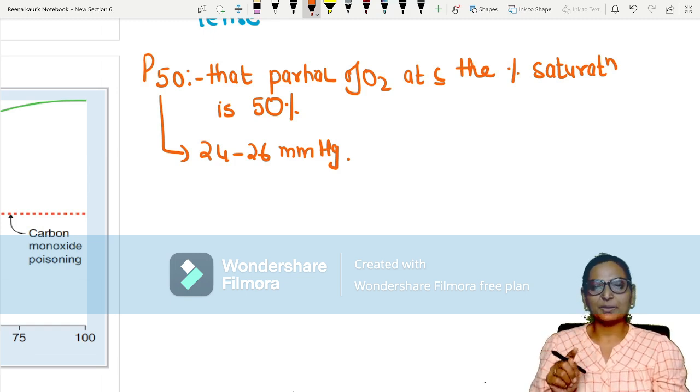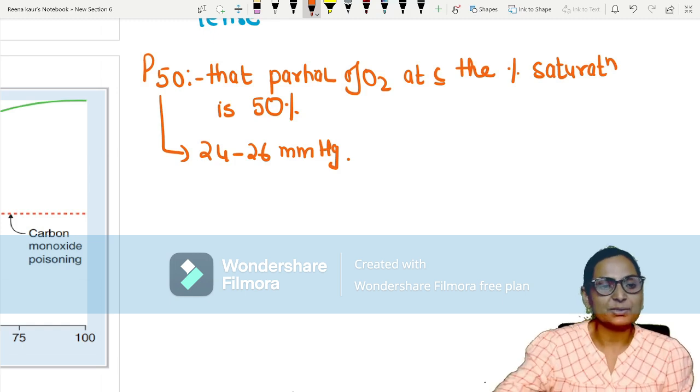It is that partial pressure of oxygen at which the person's saturation is 50%. That is 24 to 26 mmHg.